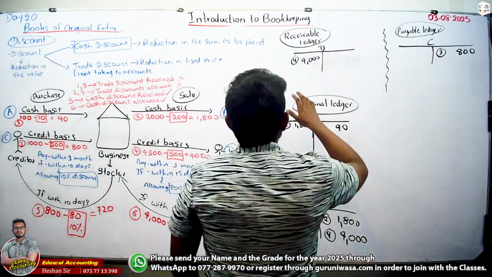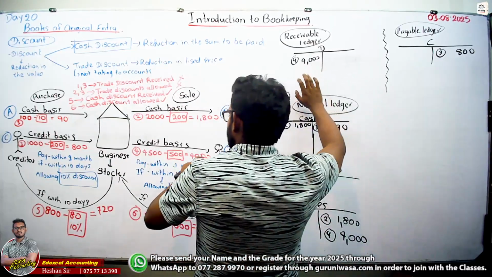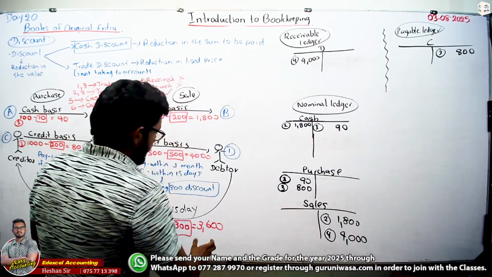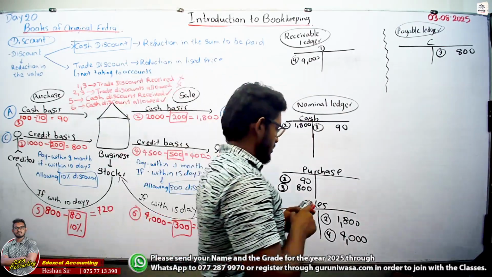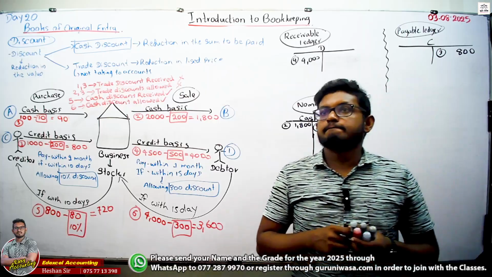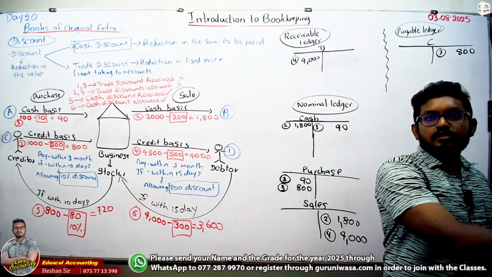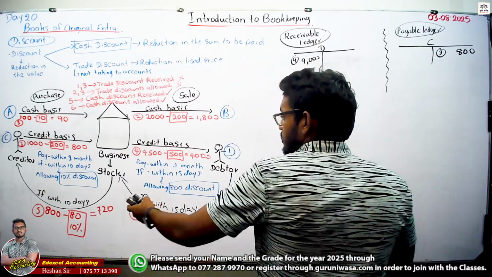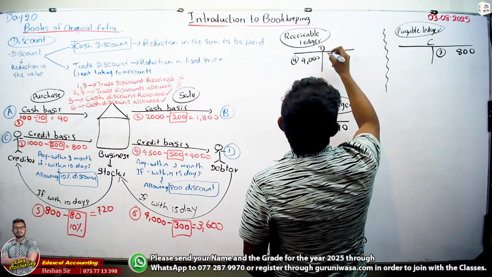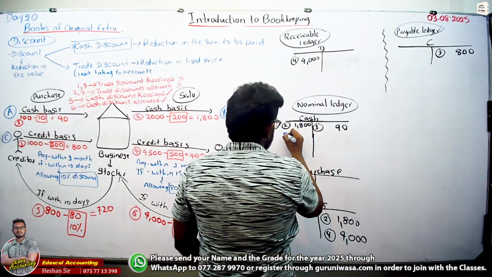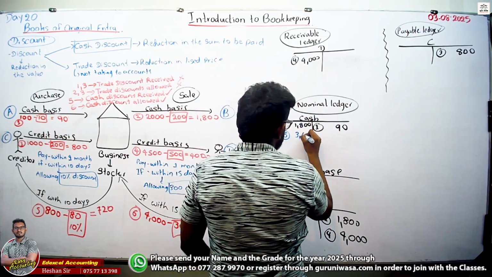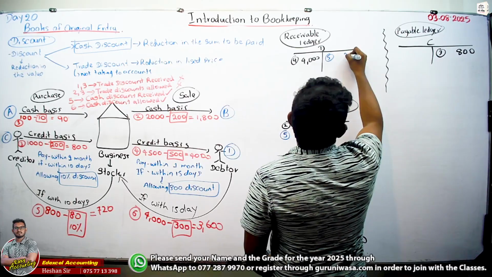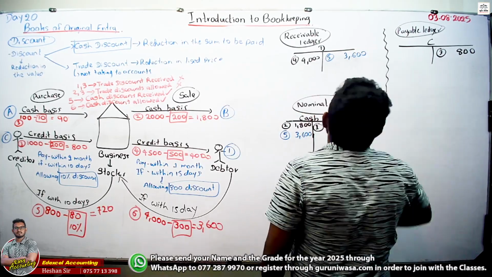Now, though this person is liable to pay us 4,000, he is now paying us 3,700. So how did we record number 5? We receive cash 3,700 and we credit the person 3,700.